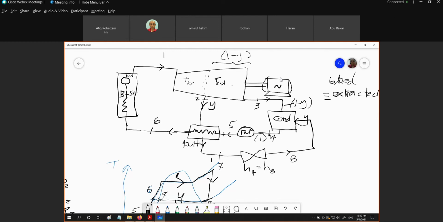For sure, 4 is 1. So if we are going to calculate the heat at the condenser, what are you going to do? Anyone?